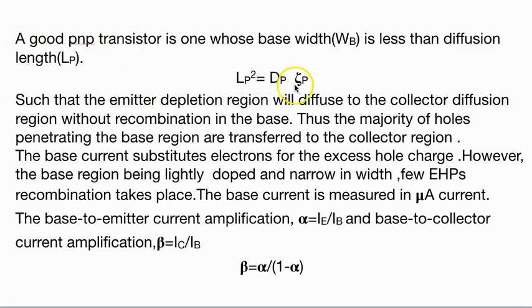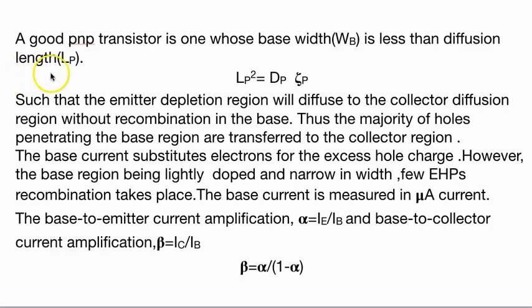Diffusion length is the length or penetration when the carrier crosses a region and, before combining with an electron-hole pair, travels in the opposite charge carrier region.